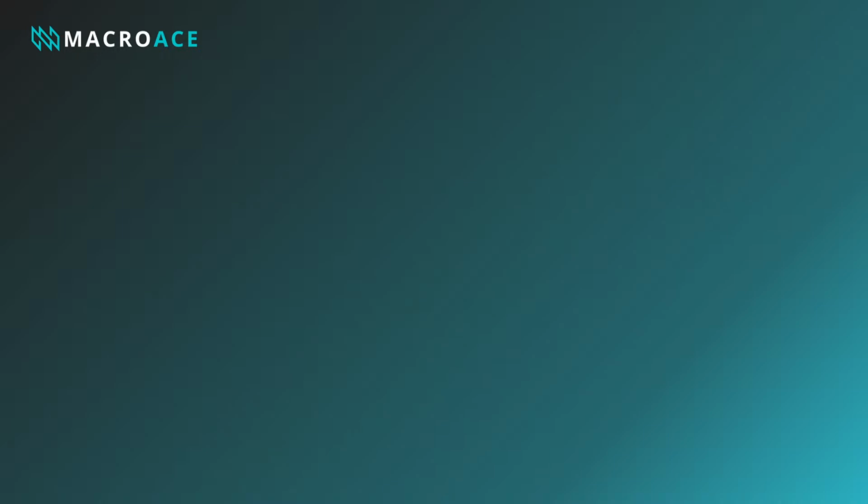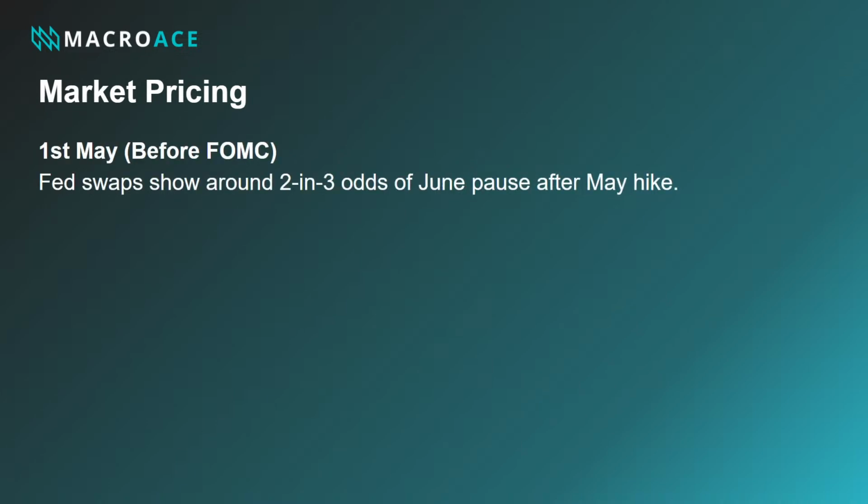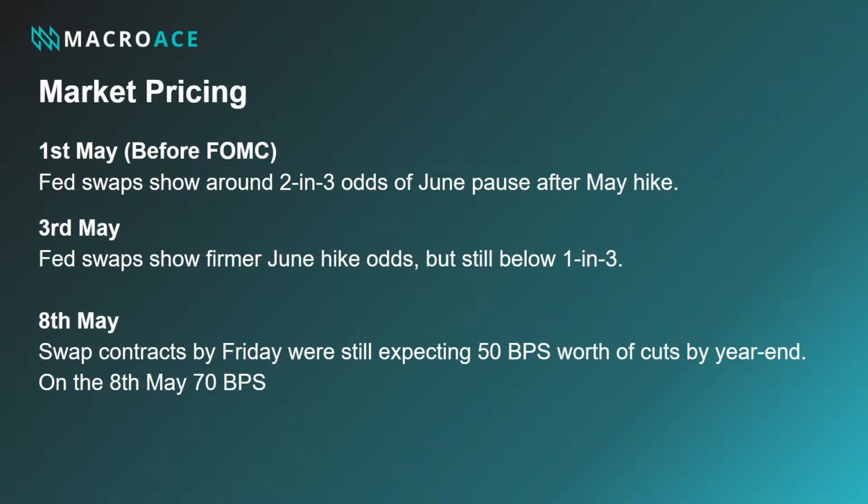Market pricing. So on the 1st of May, before the Fed's rate decision on the 3rd of May, Fed swaps were showing around 2 in 3 odds of a June pause after the May hike. On the 3rd of May, Fed swaps show firmer June hike odds, but still 1 in 3.